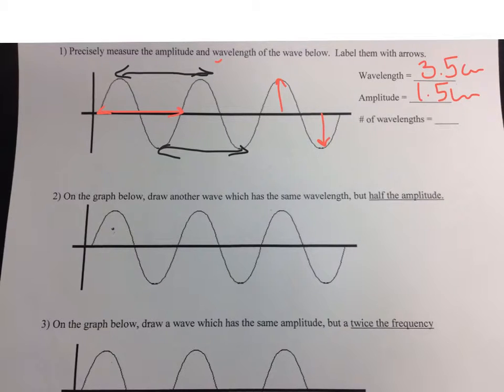What about the number of wavelengths? You have 1, 2, and 3. So from beginning to the end of the wave, that is 3 wavelengths. Any questions so far? All right, let's do the second one.